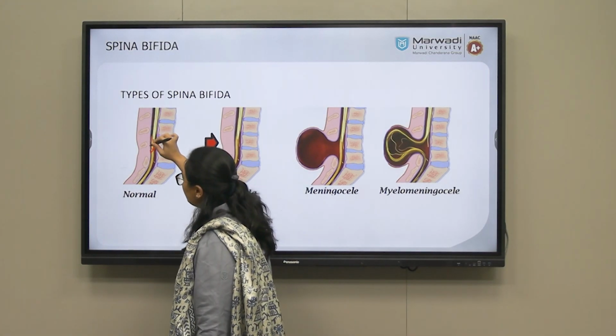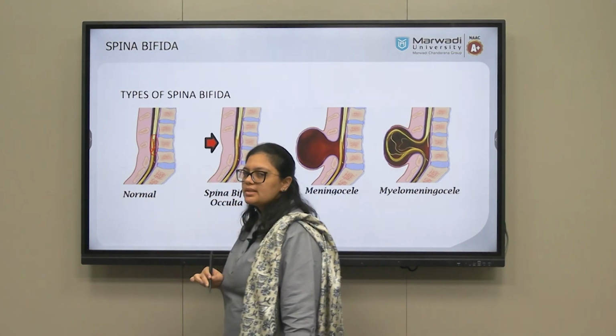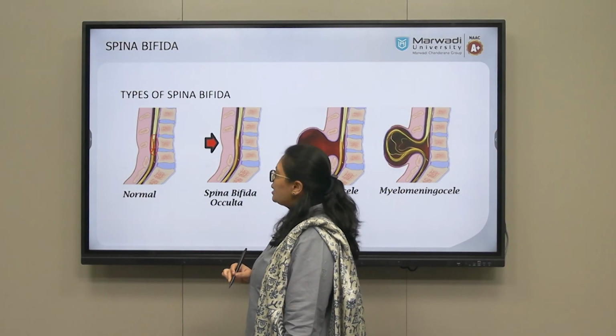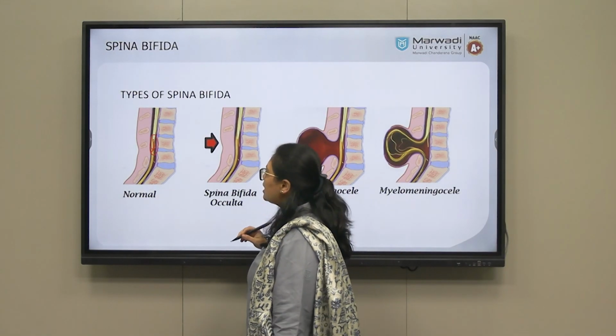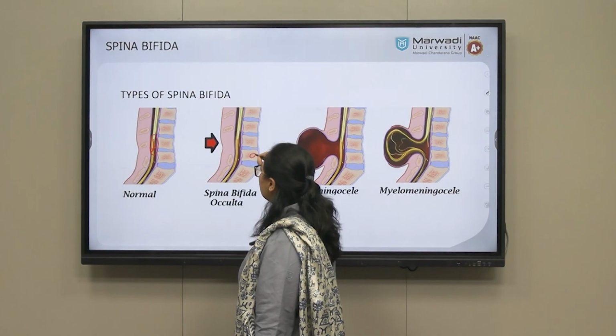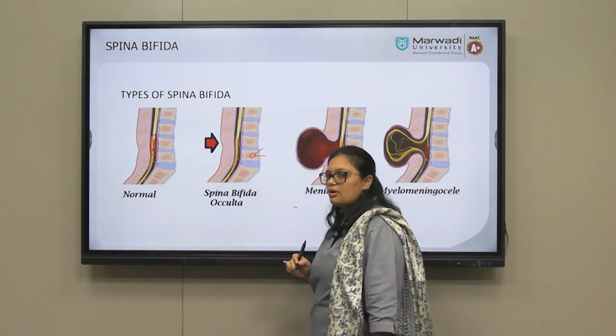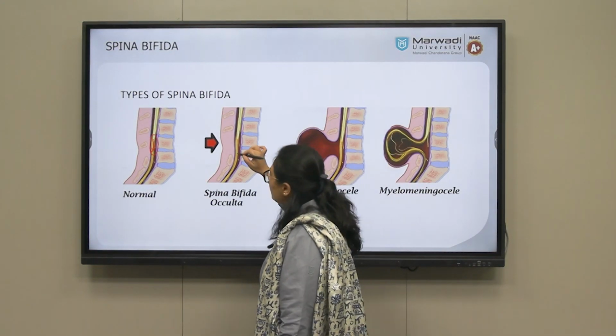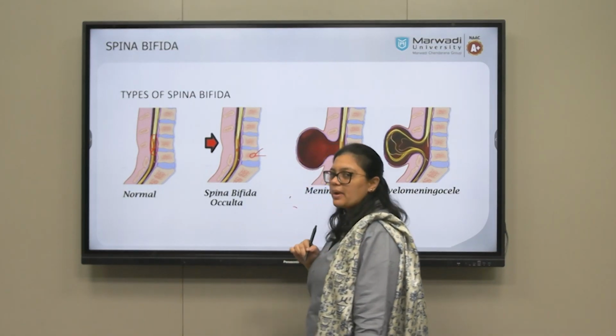There is a covering of this nerve fiber which is known as meninges, right? In spina bifida occulta, only the vertebral column will be split. There will not be an issue with the meninges or the spinal cord.